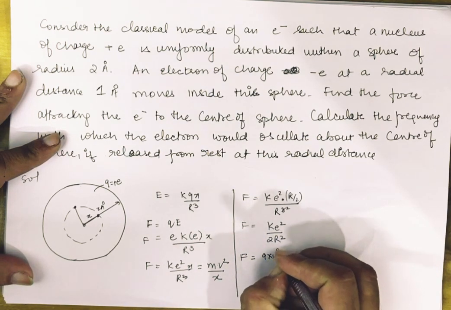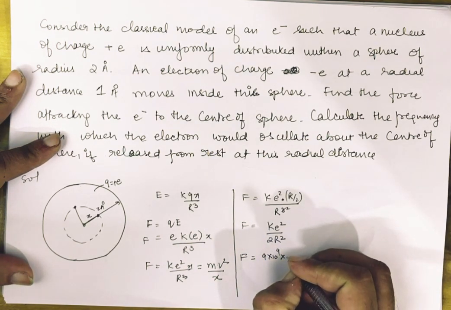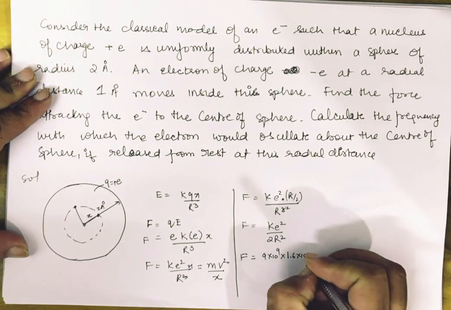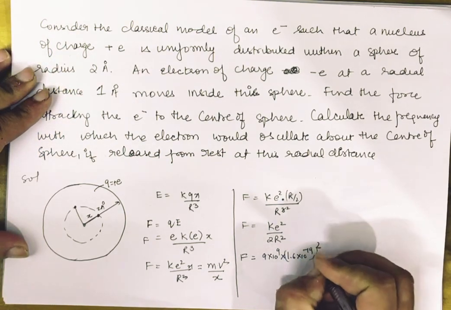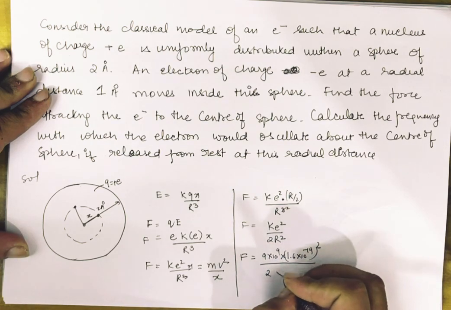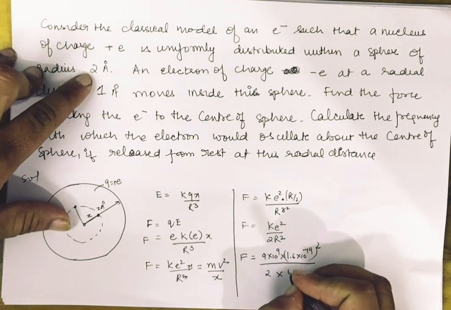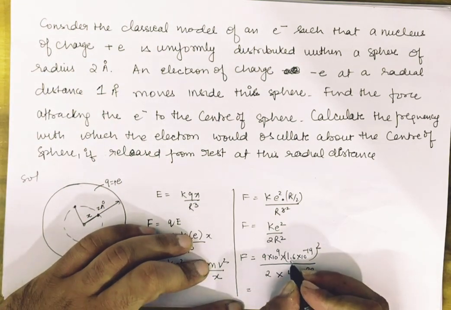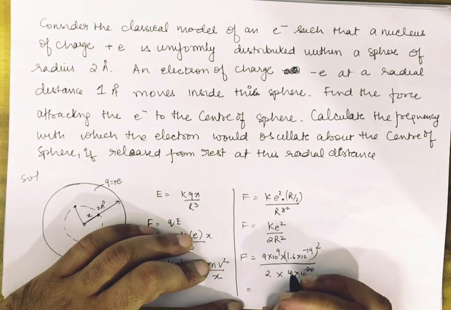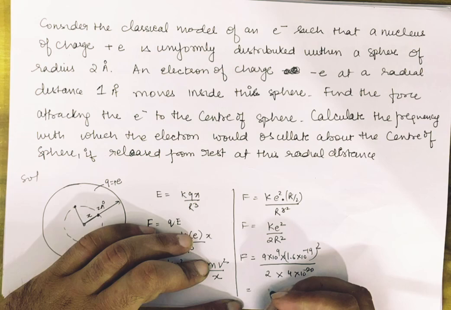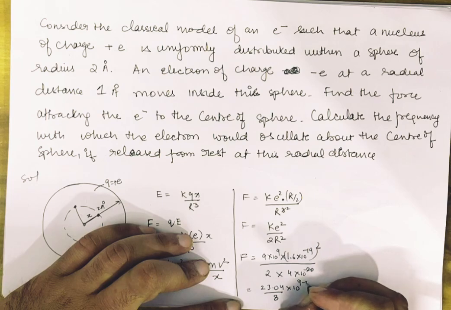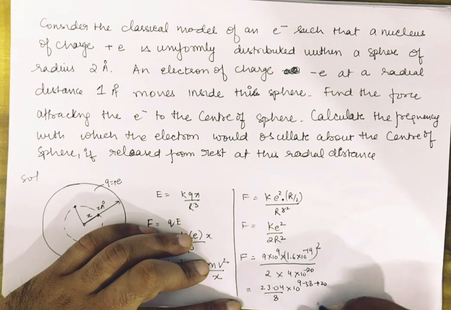9 into 10 power 9, the proton and electron have the same charge, 10 power minus 19 whole square, divided by 2 into the radius, which is 2 angstrom, that is 4 into 10 power minus 20. So we get 2.56 into 9 is 23.04. 23.04 divided by 8 into 10 power 9 minus 38 plus 20.